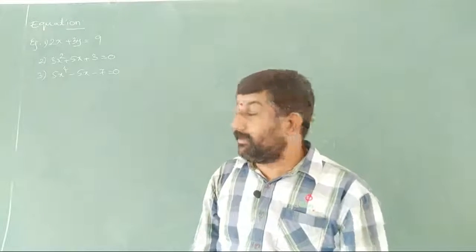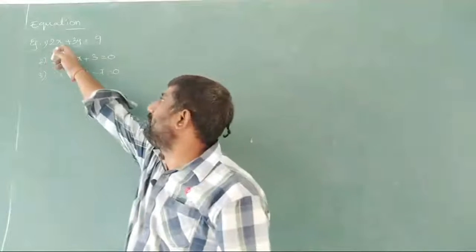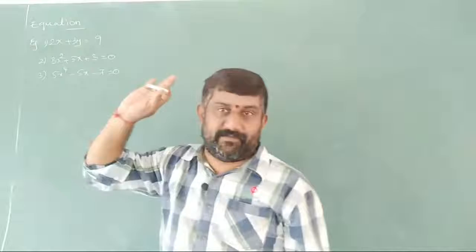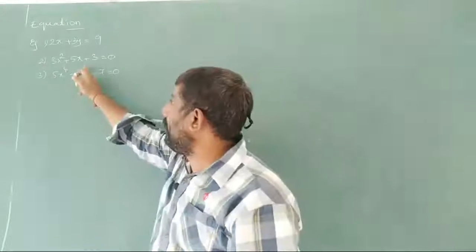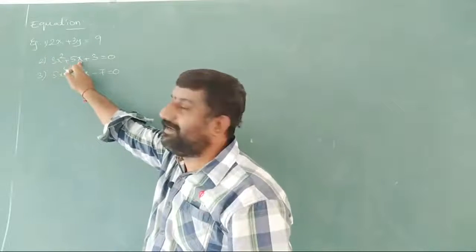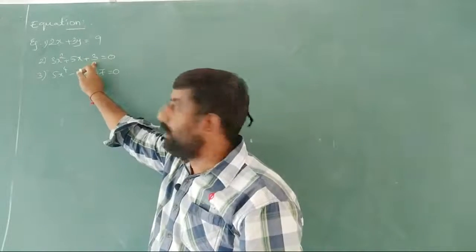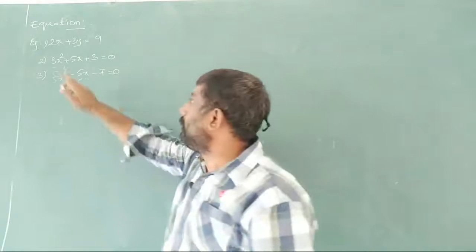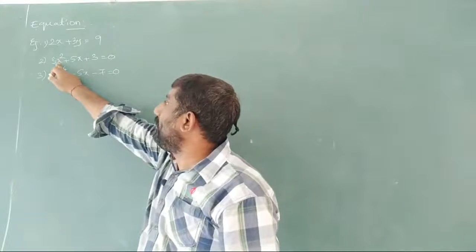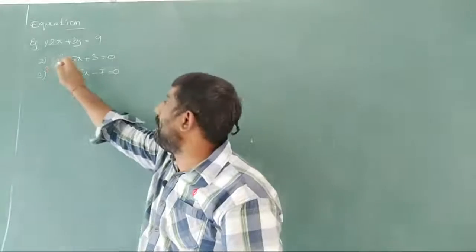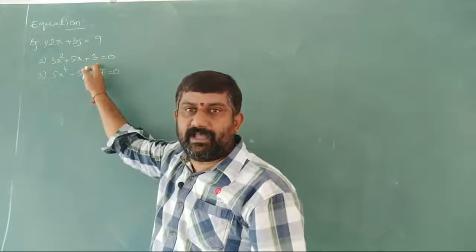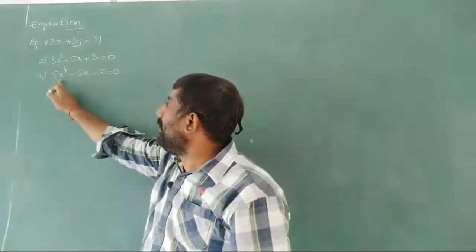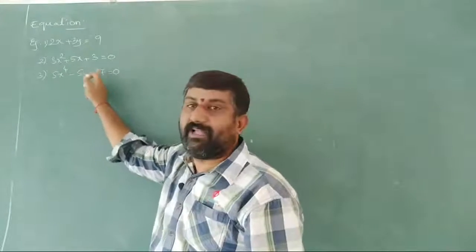Now you observe here, in the first one we have x and y, and what is the power of this x and y? Only 1 we have here. And in the second one, 3x square plus 5x plus 3 we have here. Here we are having only one variable, that is x. So for this x, what do we have here? X power 2 we have, and here x power 1 we have, and here nothing we have. Nothing means x power 0 we can write here. So in the next one, x power 4 we have, x power 1 we have, x power 0 we have here.